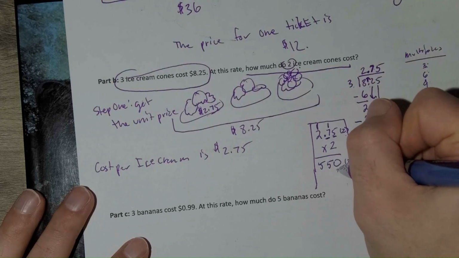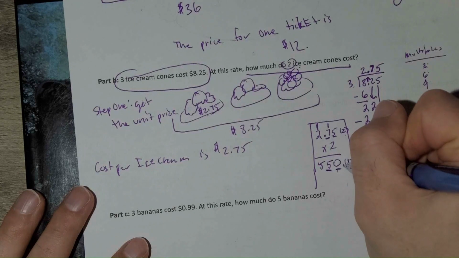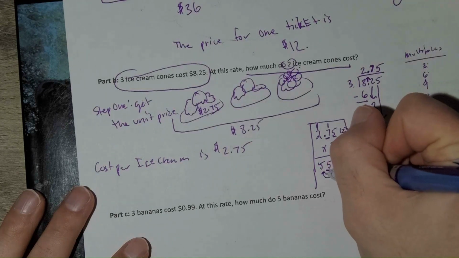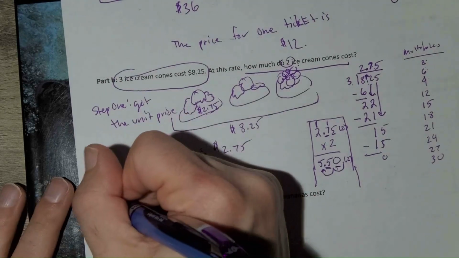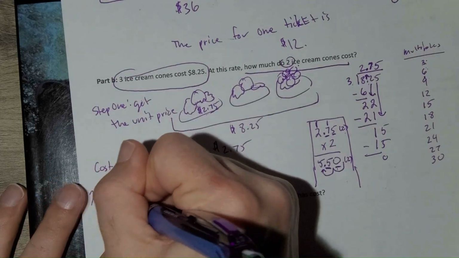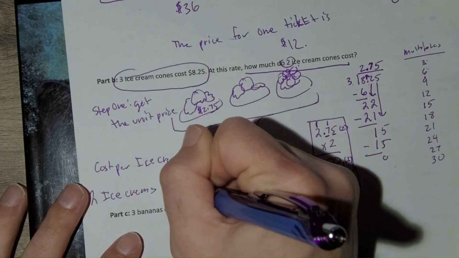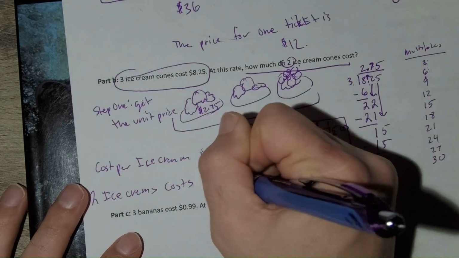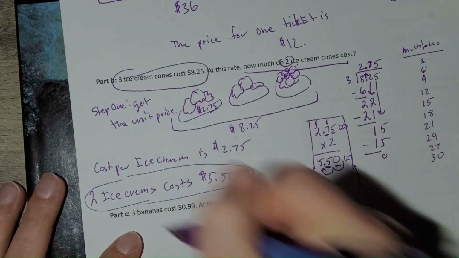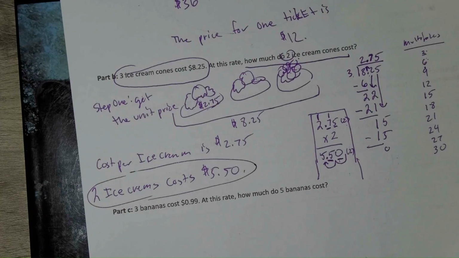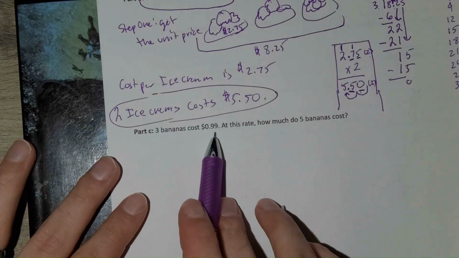So we had 2 decimal places, so we go to the left 2 decimal places. And so that means 2 ice creams cost $5.50. And that was your answer for part B. Now, part C says 3 bananas cost 99 cents.